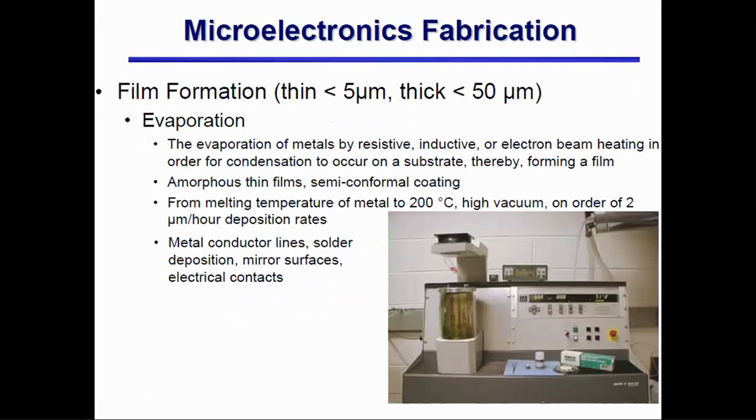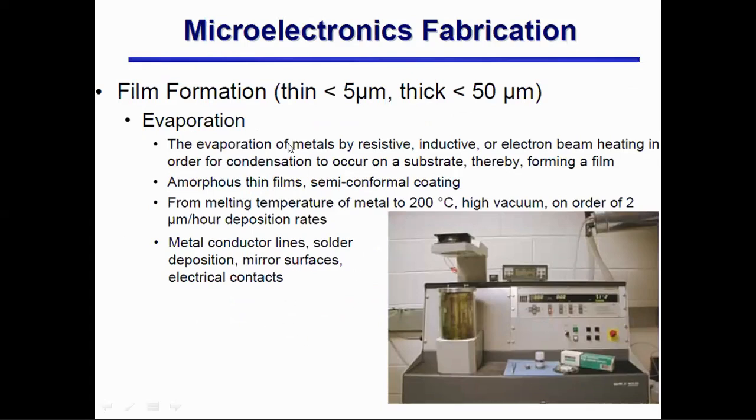Other thin film deposition processes, which are the physical processes, one of it is evaporation. In the evaporation, what we do, we put the wafer on top, and the metal which you want to deposit is put in the crucible, and that crucible is heated. So the metal actually melts and then it evaporates.